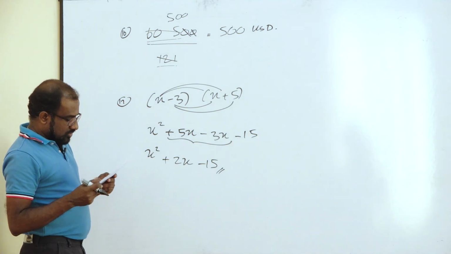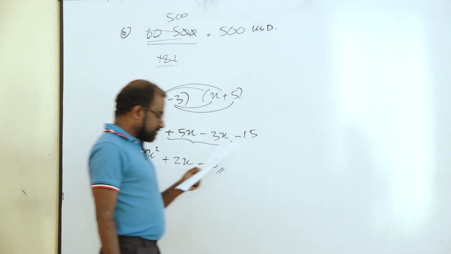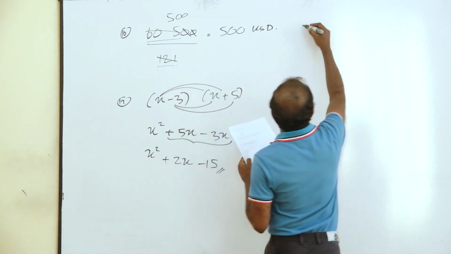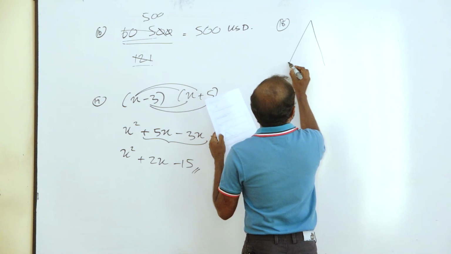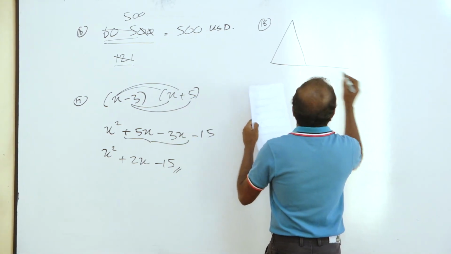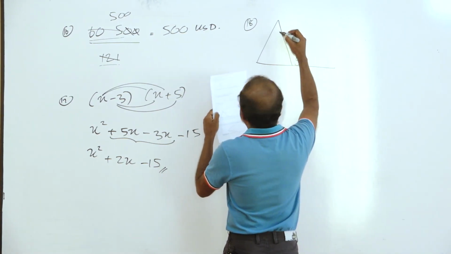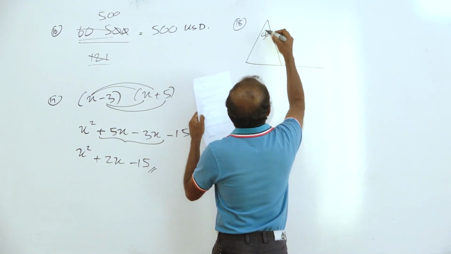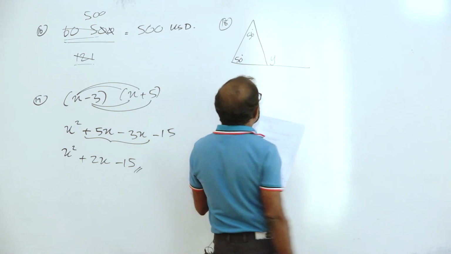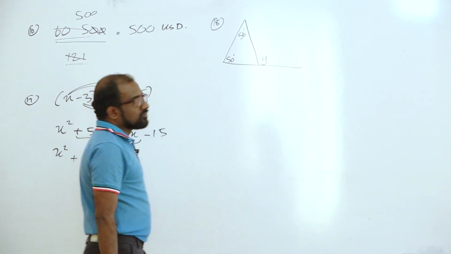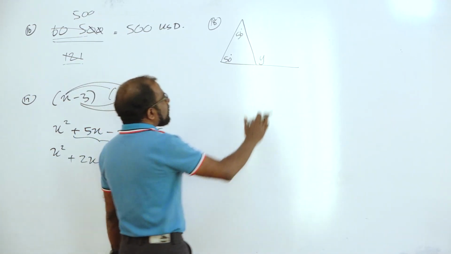18th question, you are asked to find the value of angle y. This angle is 56 degrees. This one is 50 degrees. So this is also a direct theorem.